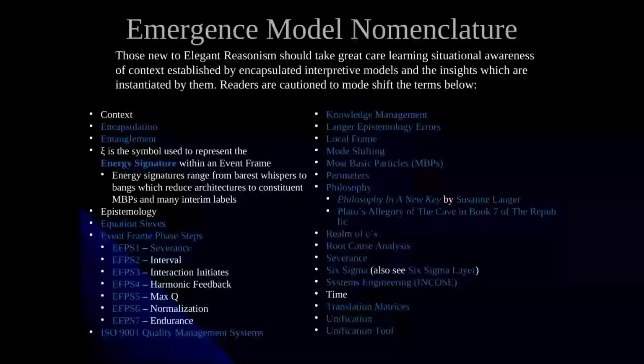Then the standard reference frame for interacting real objects in the emergence model is something we call the event frame, and it has 7 phase steps. And we'll go over those in another video probably. ISO 9001 QMS system, QMS standards, etc.